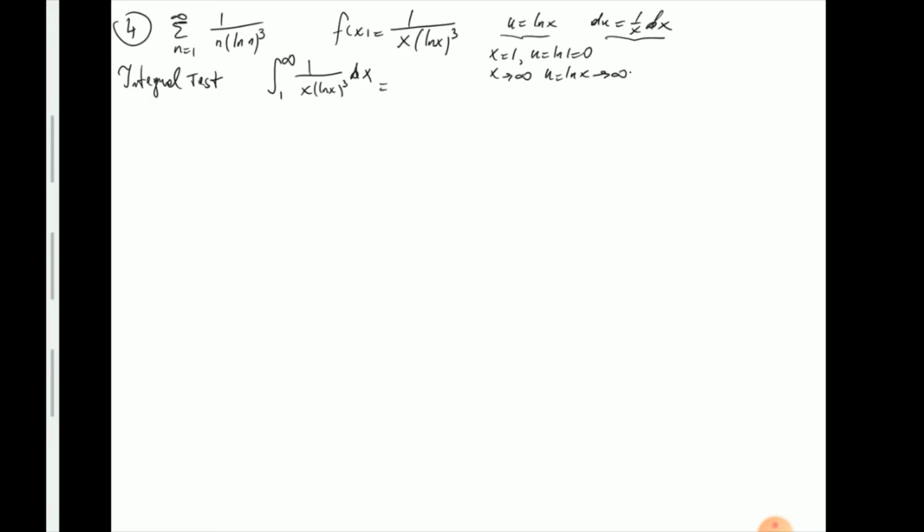We could do that directly, so we don't have to write the limit. I'm going to do the limit computed mentally later. So that's going to be the integral from 0 to infinity, 1 over u to the power 3, and 1 over x dx is again du.